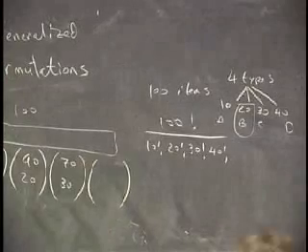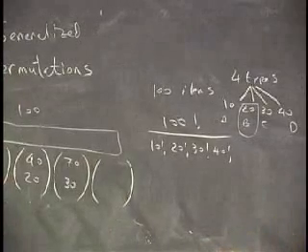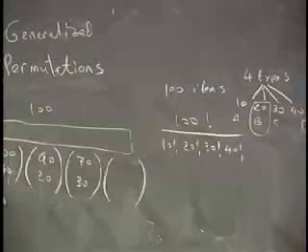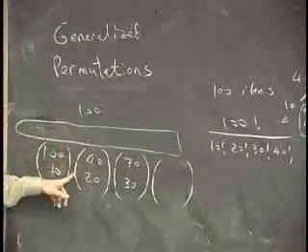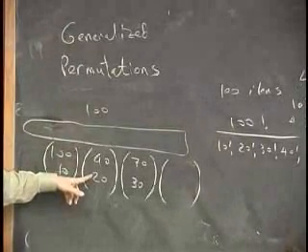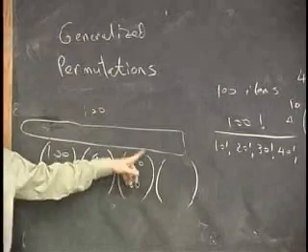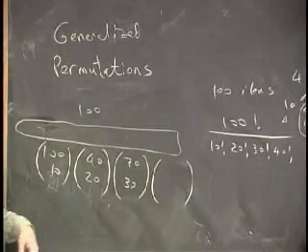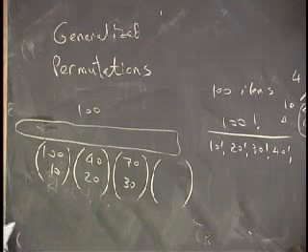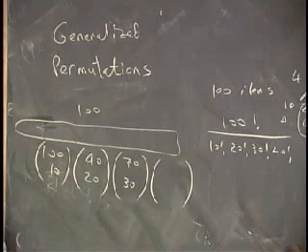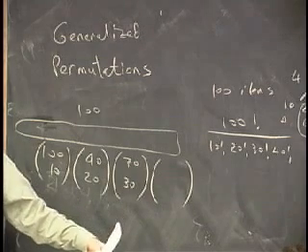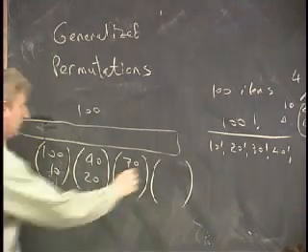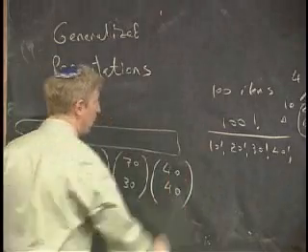Everybody see what's going on? Let me make it clear if not everybody gets it yet. If I've chosen 10, then there's only 90 slots left. I pick 20 of those for type B. Now there's only 70 slots left. I pick 30 of those for type C. And now there's only 40 left. That should be pretty clear, right? Because once I put the A's and the B's and the C's in, I don't have any choice for my last item. And that makes a lot of sense that it should be just one.